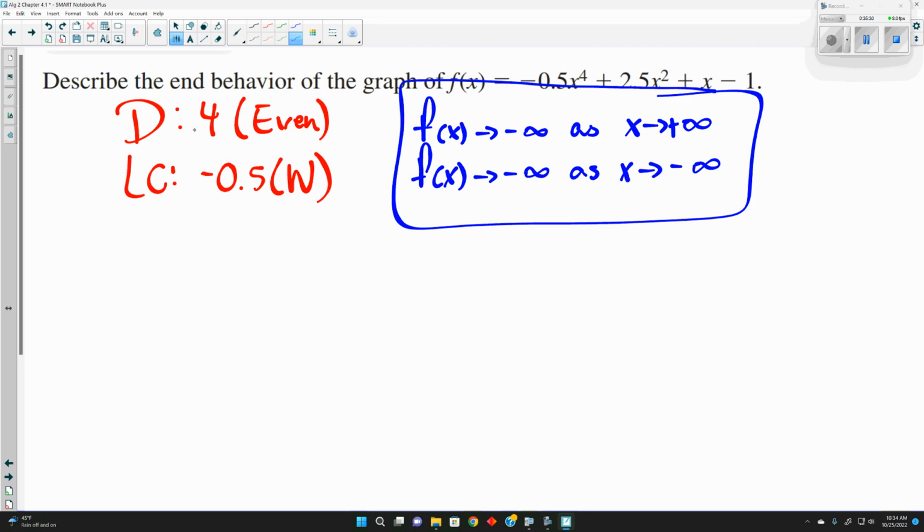So f of x approaches negative infinity as we go to the right, and it went to negative infinity as we went to the left. That's all this is saying.